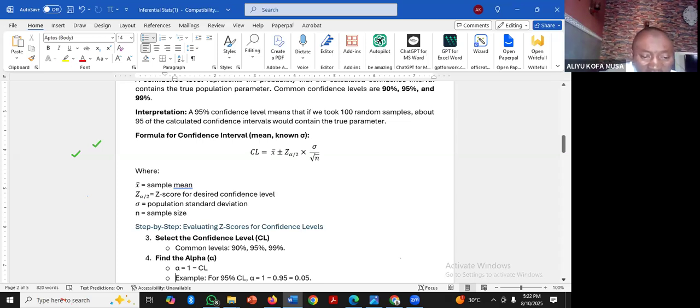Then what is Z alpha? Z alpha is equal to what? The Z score for the desired confidence level. Can I remind you that confidence level is 90, 95, 99. These are the most common confidence levels. Sigma is the population standard deviation.